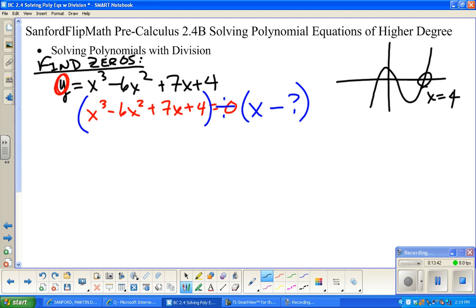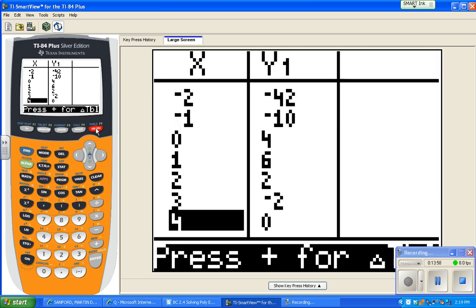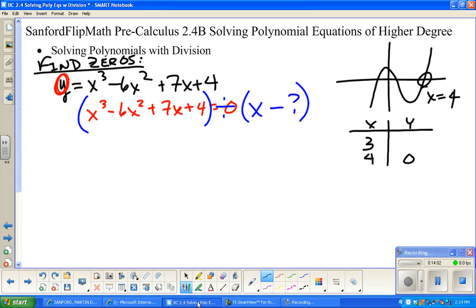If I find the 0 by using the table, then I need at least a couple of rows from the table so I can identify what happened to get that. All right, so like at 3, -2. I just want you to know what I'm expecting to see.